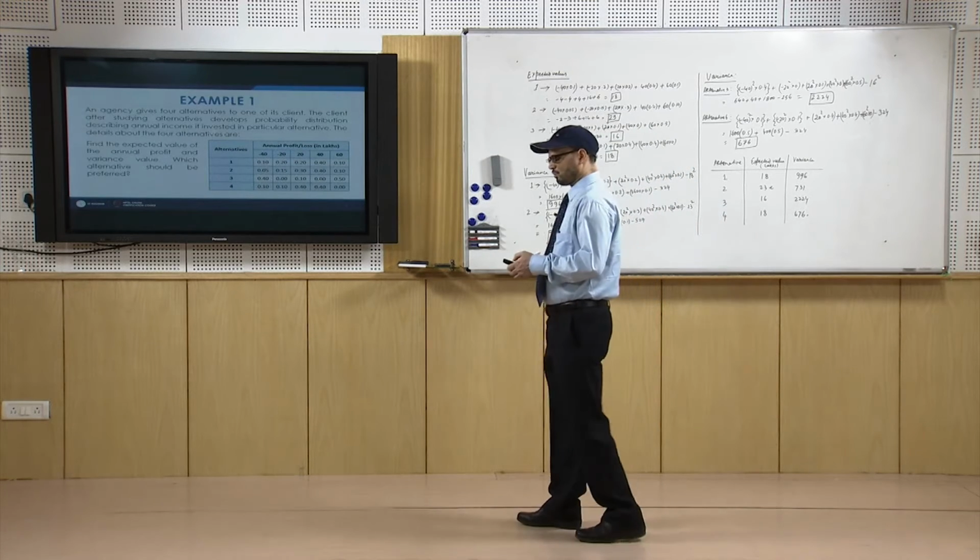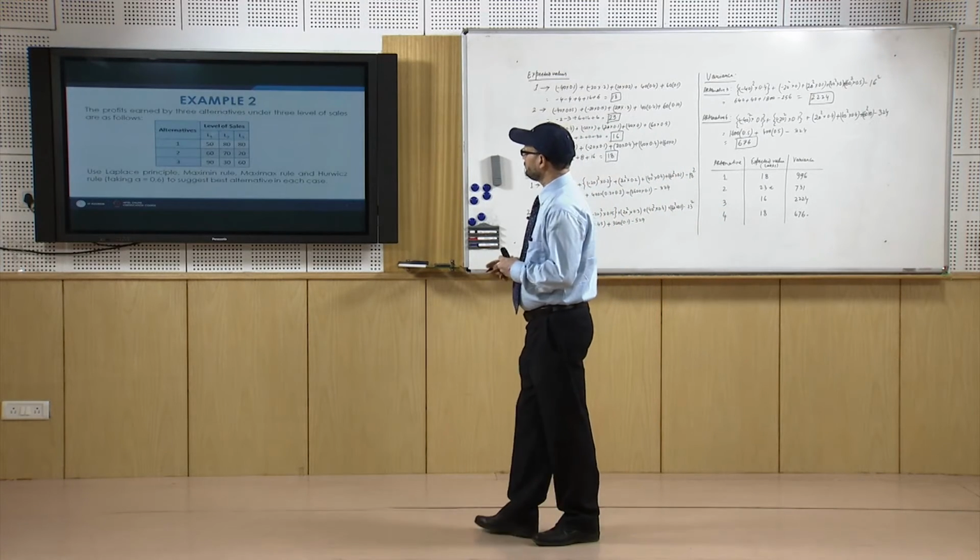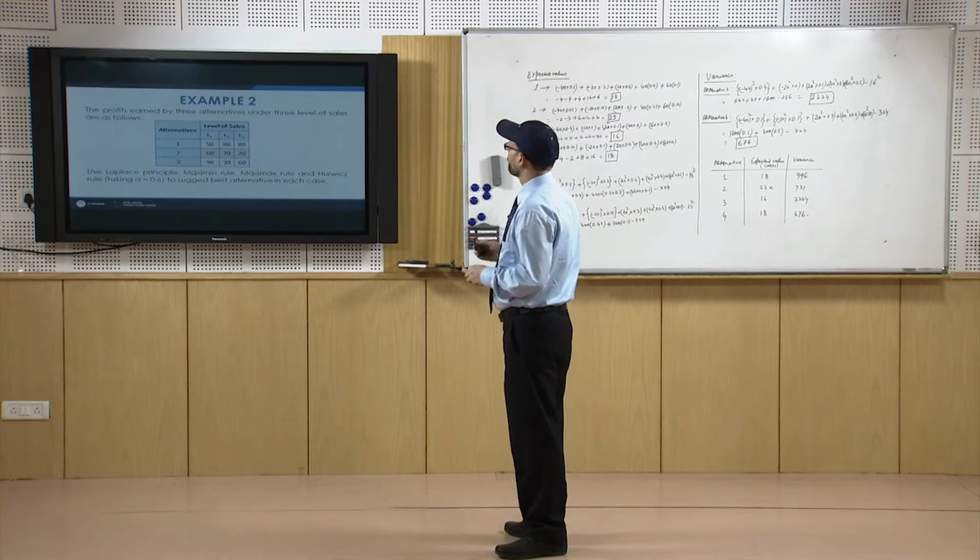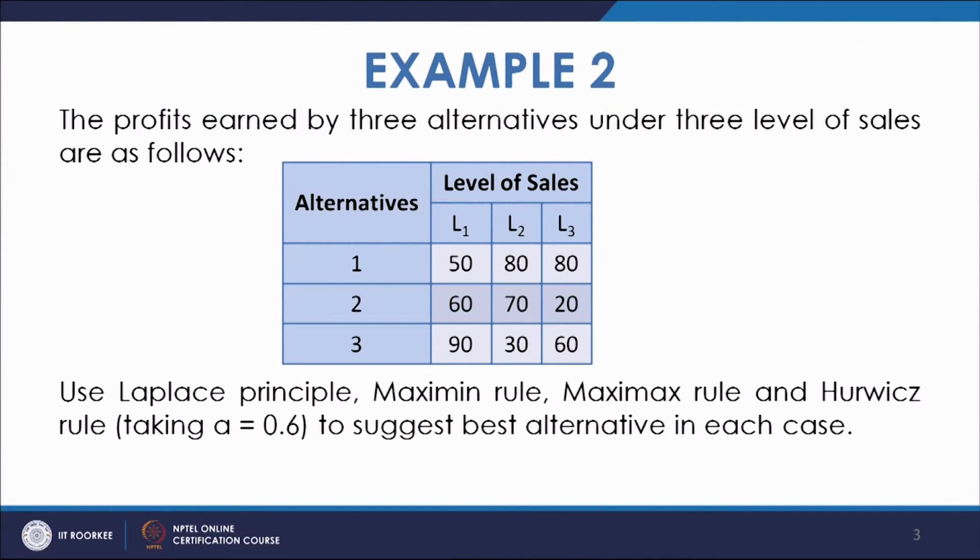Next problem we will discuss is about different criteria in the case of uncertainty, where the profit earned by 3 alternatives under 3 levels of sales are given.